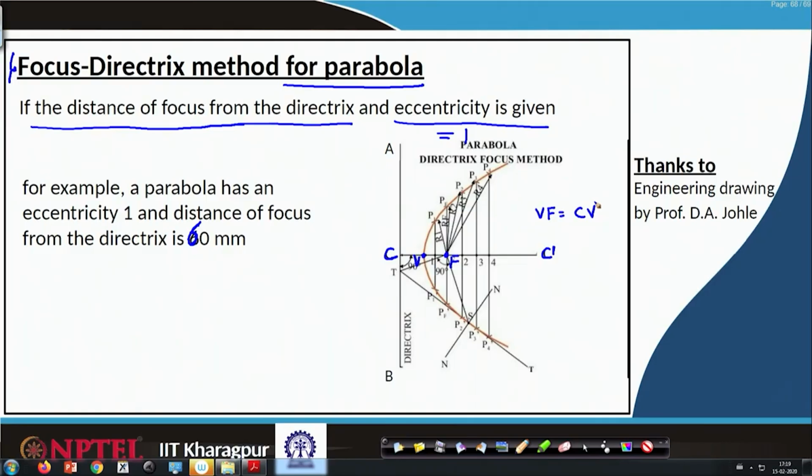For this purpose, first draw the line AB as directrix, then a perpendicular line CC dash. The distance of the focus from the directrix is known. So, locate this point V by knowing C and F. Once this CV, VF is known, we are going to construct the rest of the parabola.